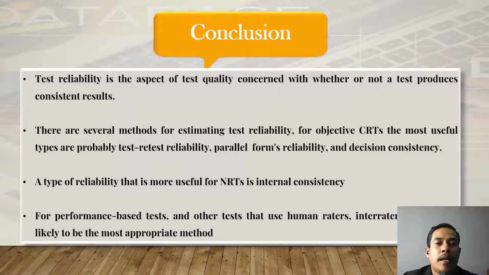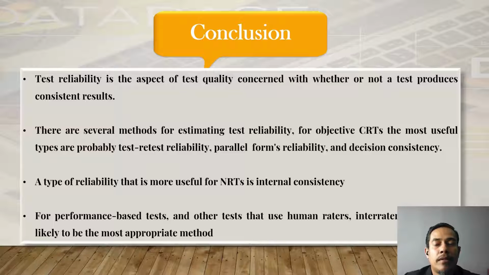Test reliability is the aspect of test quality concerned with whether or not a test produces consistent results. This shows that with test reliability we must adjust until we obtain consistent results, maybe two or three times until we get more consistent results. There are several methods for estimating test reliability.